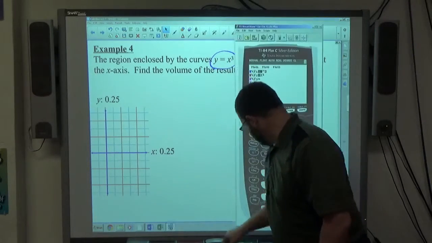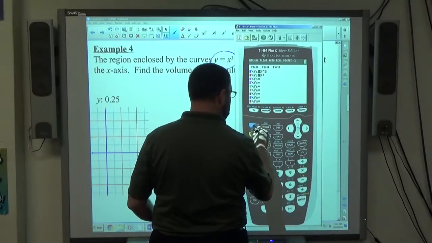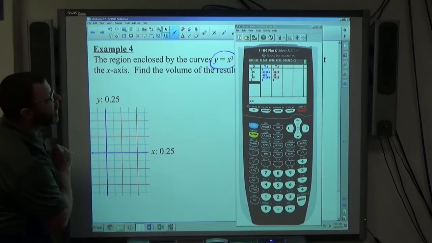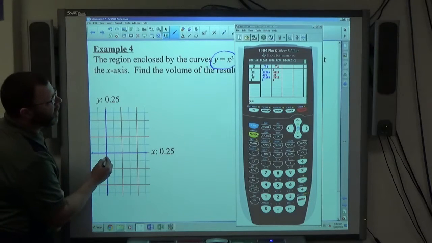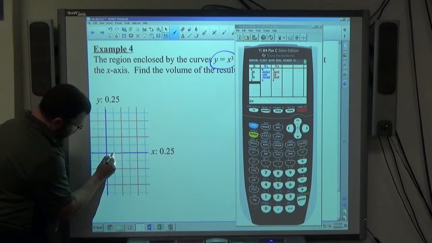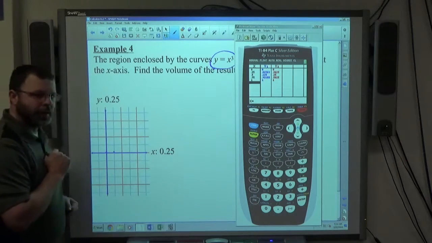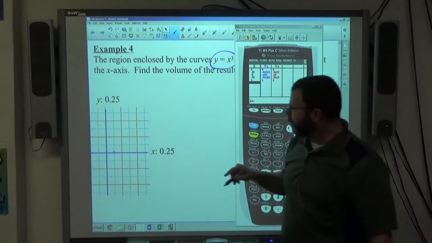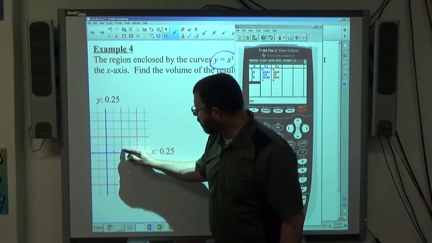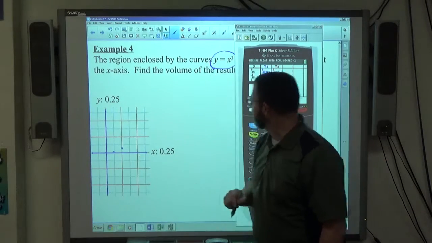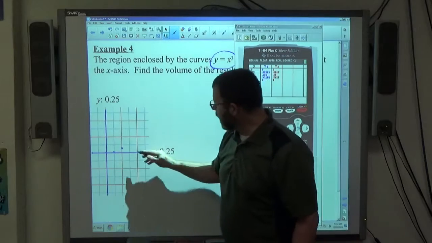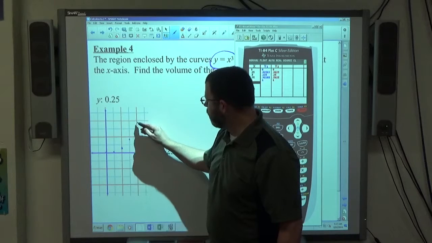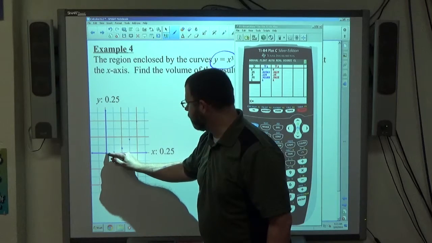Alright, so looking at my table, I've got 0, 0, I've got 0.25, 0.01563, which is just slightly bigger than 0. So I'm going to be just barely over the y-axis, almost touching the y-axis. 0.5, 0.125, which is halfway between 0 and 0.25, so right about there. 0.75, 0.42188, so between 0.25 and 0.5, probably about here. And then 1, 1 would be right there. There's y equals x cubed.